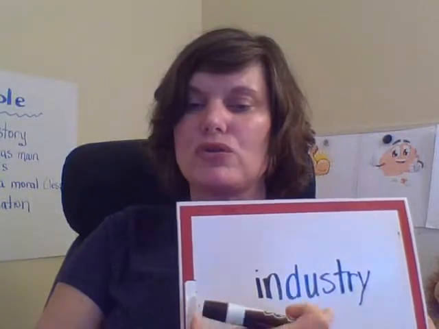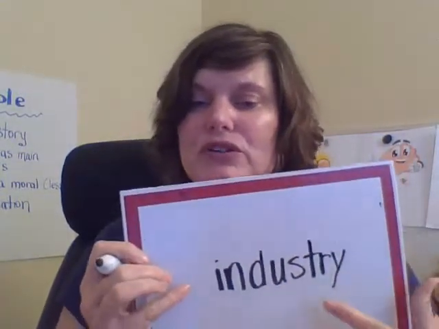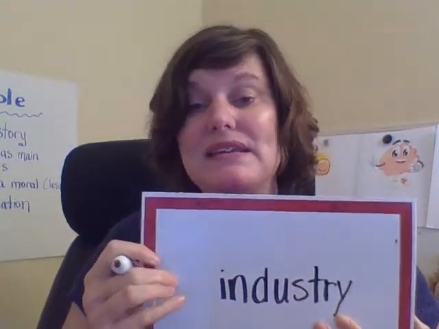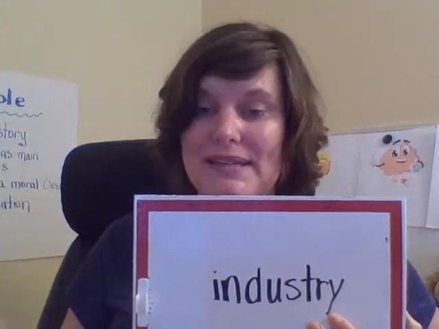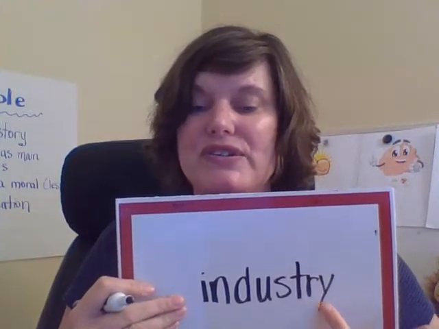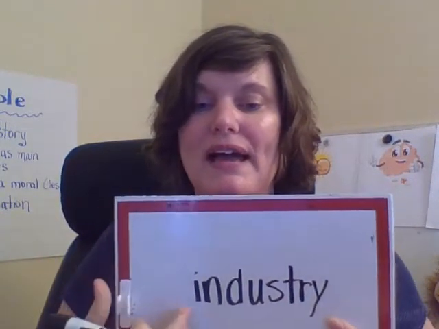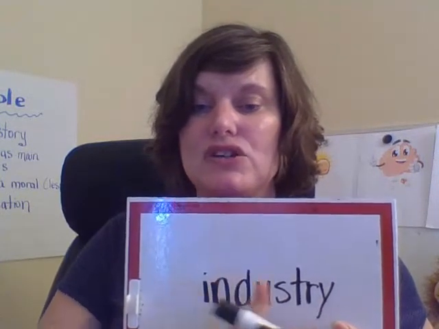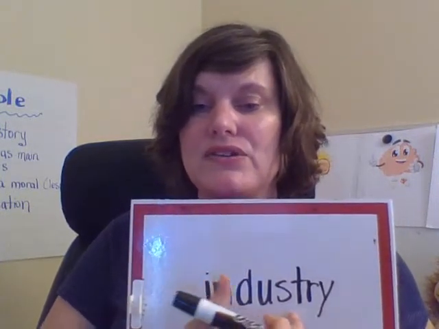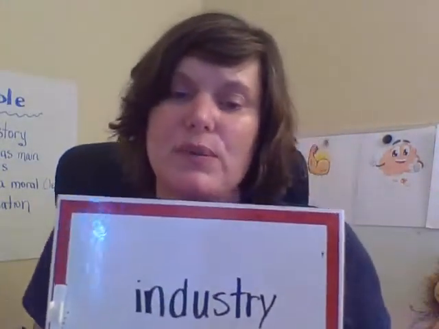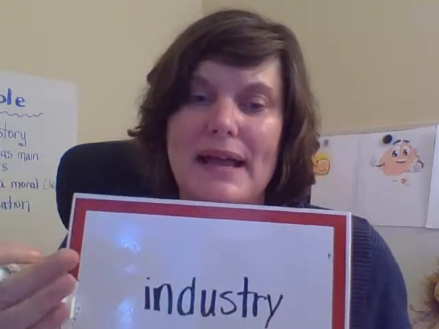Now it looks like try at the end, but remember we learned when there's a Y at the end of a multi-syllabic word, it says E. So this will actually say tree. So we have industry, industry, industry. So if I were to come to this word for the first time, it would be a little overwhelming. But when you break it up and look at each syllable and think about the different syllable types there are, it is definitely going to help you.